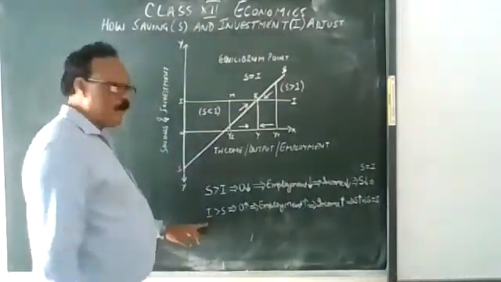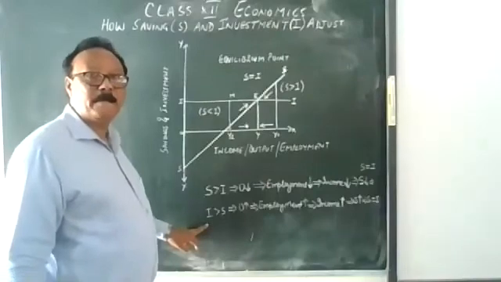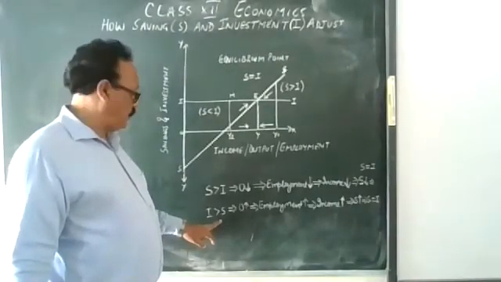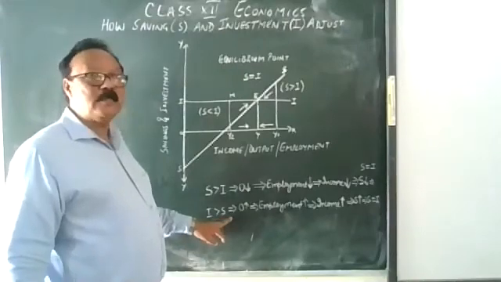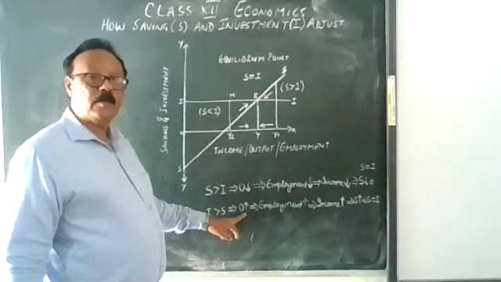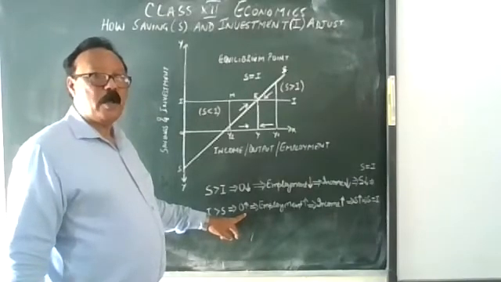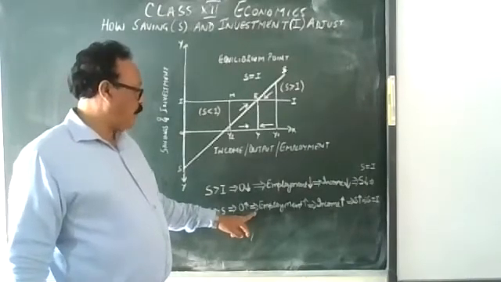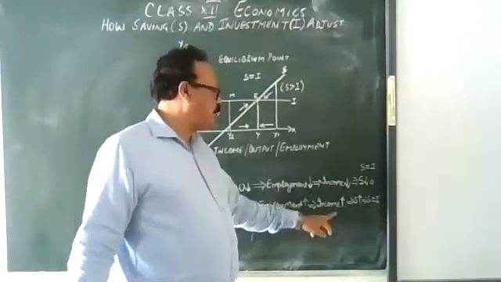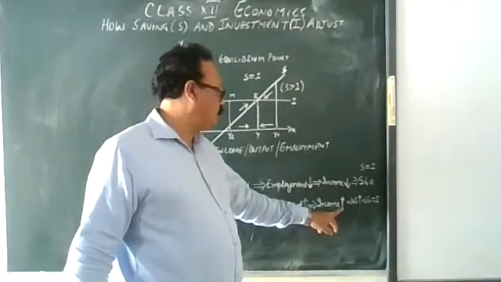And it is summarized in this line here. When I is greater than S, it implies output will rise. This implies employment will rise. This implies that income will rise.